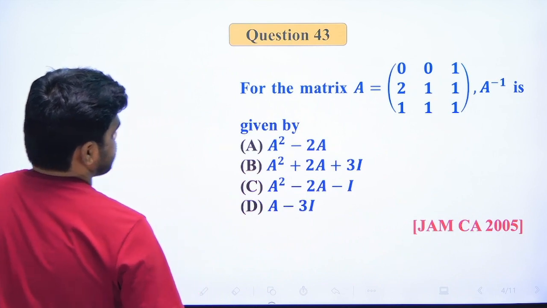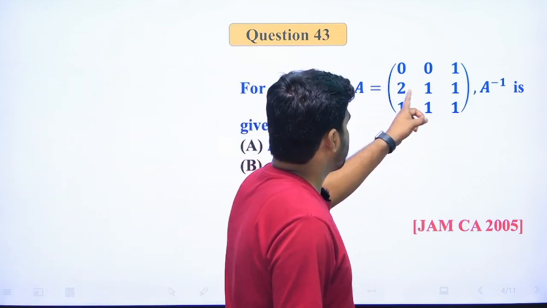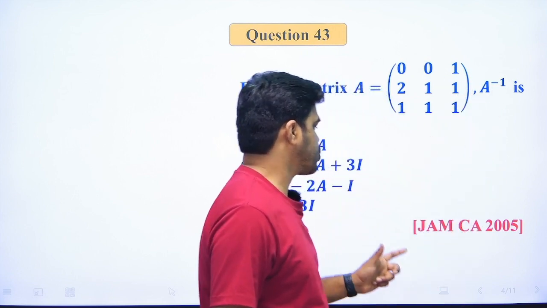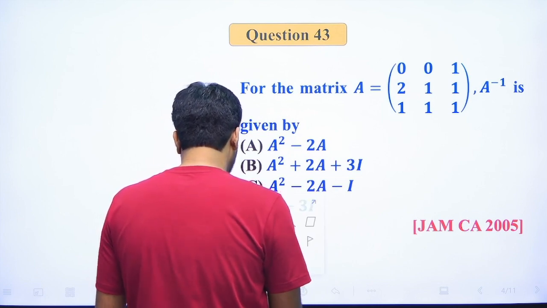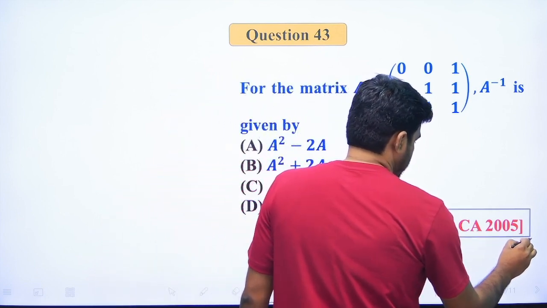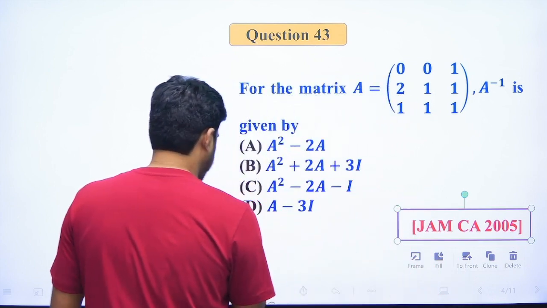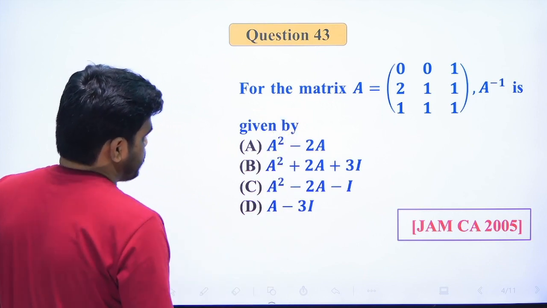For the matrix A, 0 0 1, 2 1 1, 1 1 1, we have to calculate A inverse. This question was asked in GATE, IIT GATE CA 2015. Okay, so first just see, we have to find A inverse.